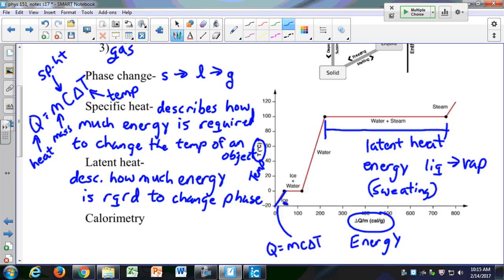But I just want to make the point here that this latent heat of vaporization is really big. That steam has a lot of energy. It requires a lot of energy to go from a liquid to a gas. And that's why sweating is so effective, because when we have liquid water that becomes a vapor on our skin, it carries away that latent heat from our body.